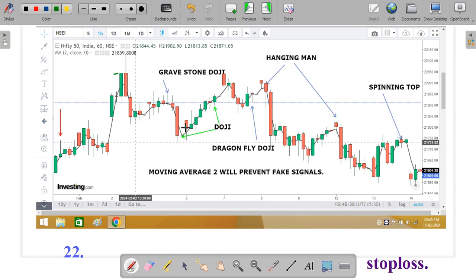Our stop loss here will be, I'm sorry, this will not be the stop loss. It is still going up. Our stop loss is actually here. So the stop loss is the low or the high of the previous candle.